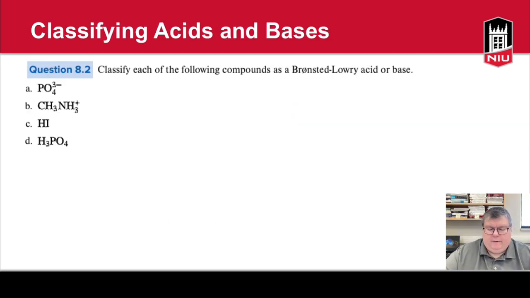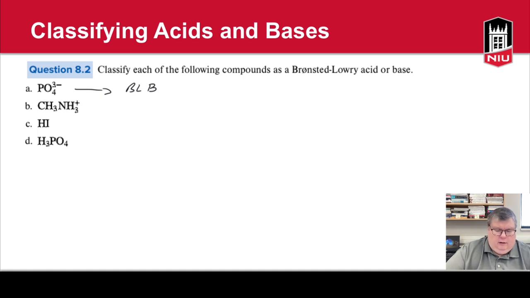So let's classify each of the following compounds as either a Bronsted-Lowry acid or base. So we've got PO4 3-. There is no H+, so we can't donate a proton. So this must be a Bronsted-Lowry base. CH3NH3+.